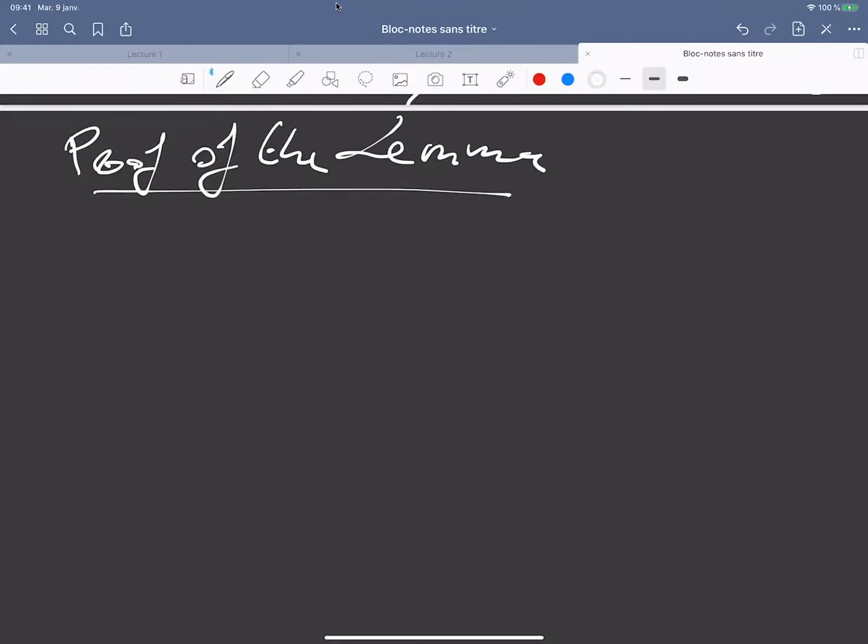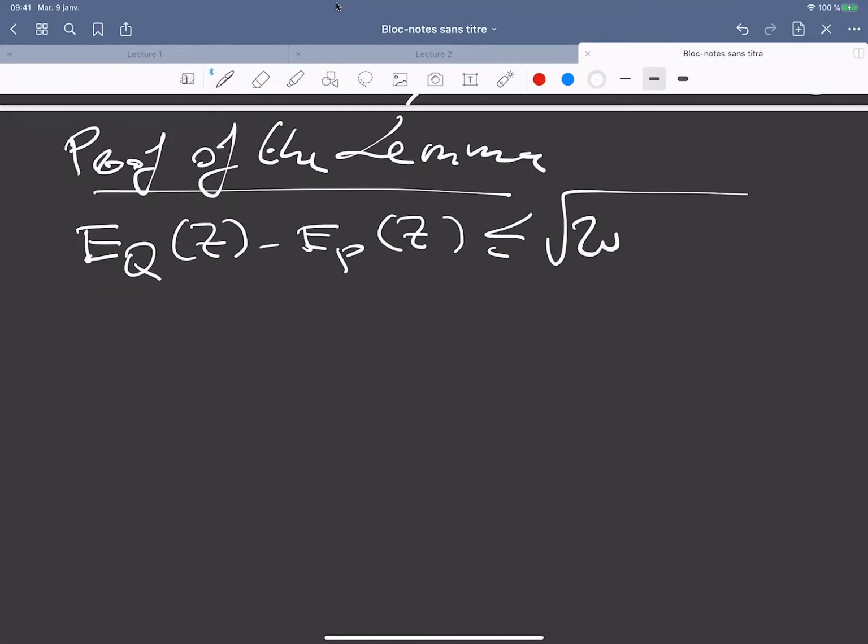So it is very simple, in fact. Let's look at this strange statement, which is expectation of Z under Q minus expectation of Z under P is less than the square root of 2V times the relative entropy.